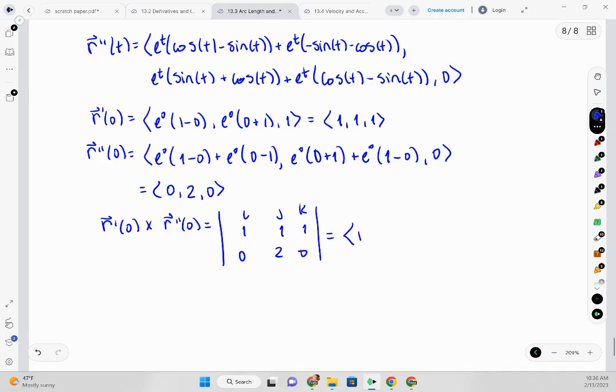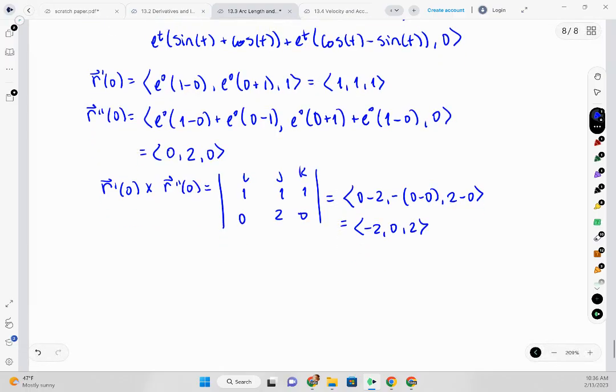This is going to give us 0 minus 2, negative 0 minus 0, and then 2 minus 0, which gives us negative 2, 0, positive 2. Now we need the magnitude of that. The magnitude of r prime of 0 crossed with r double prime of 0 is the square root of 4 plus 0 plus 4, which is 2 root 2.